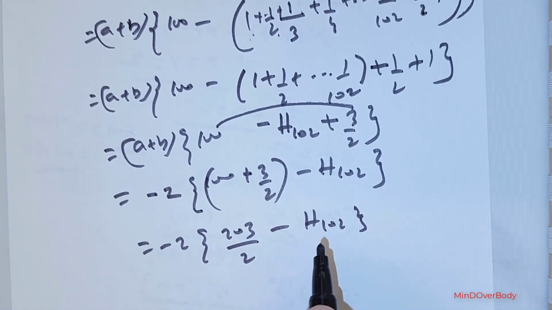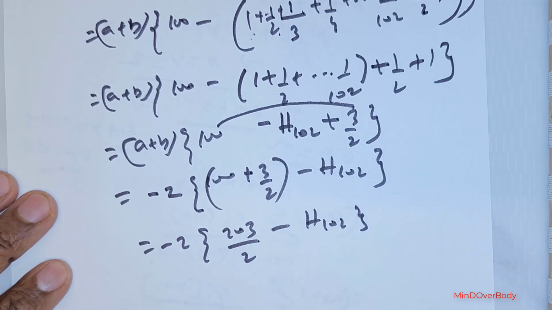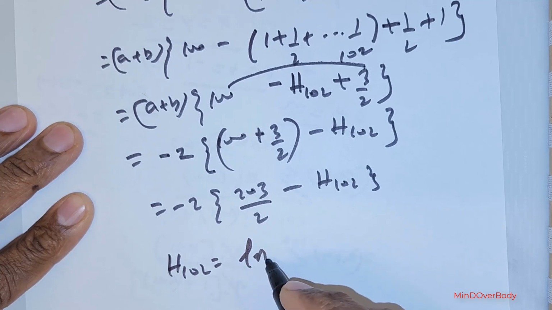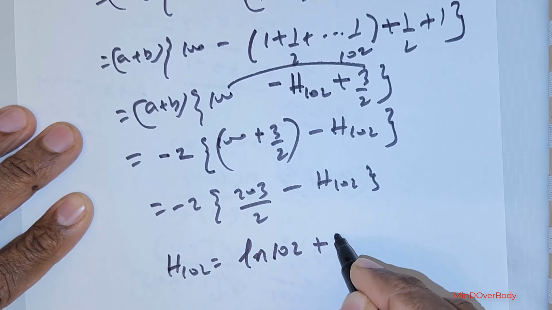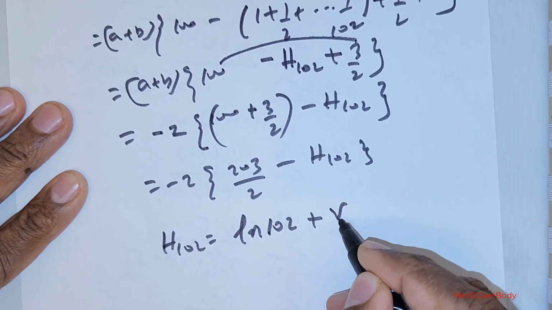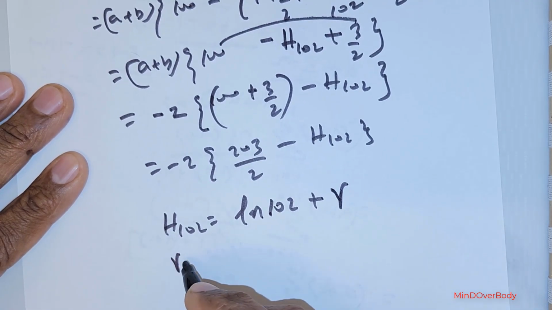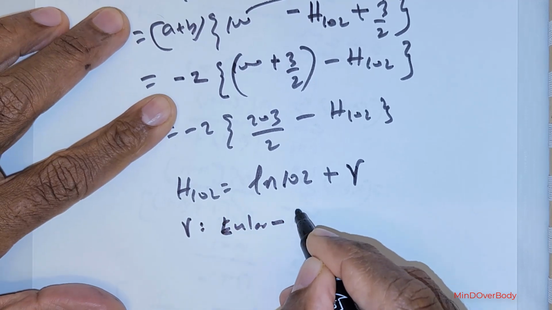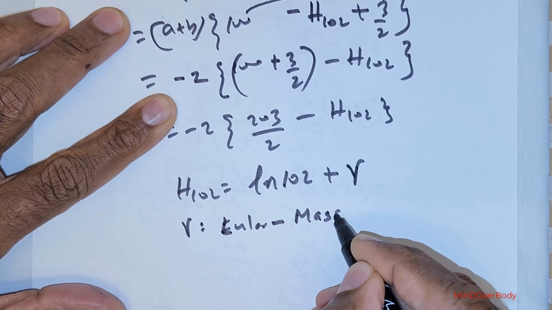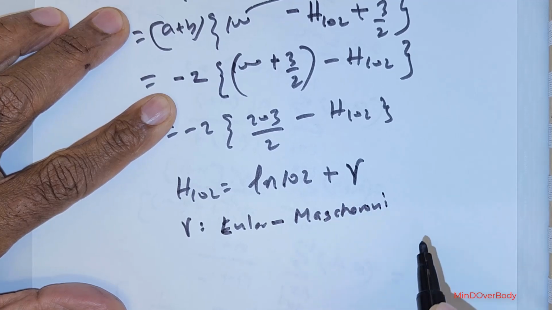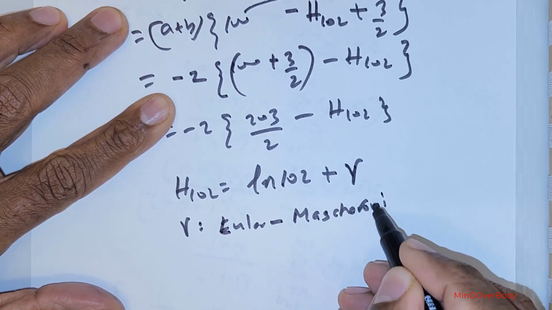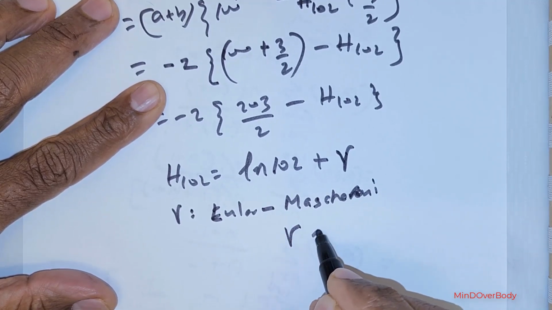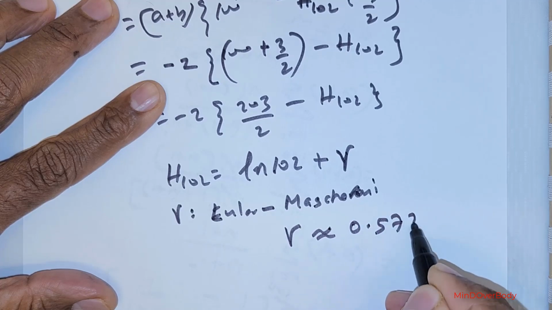Now H102 has a value. That value H102 is given by ln 102 plus gamma. Now this gamma which we see here is called the Euler-Mascheroni constant.